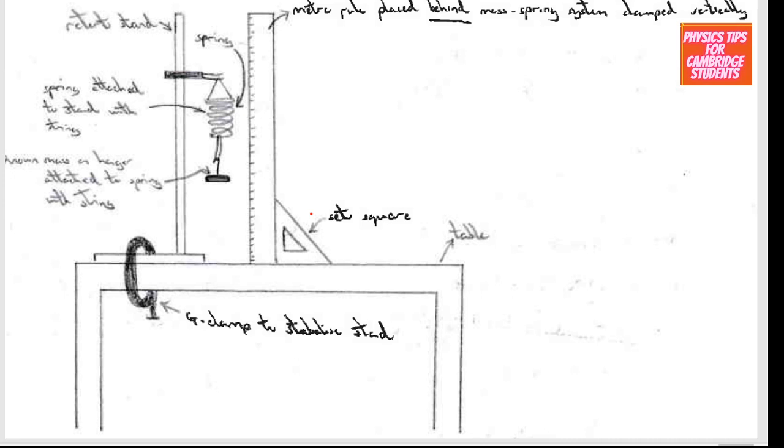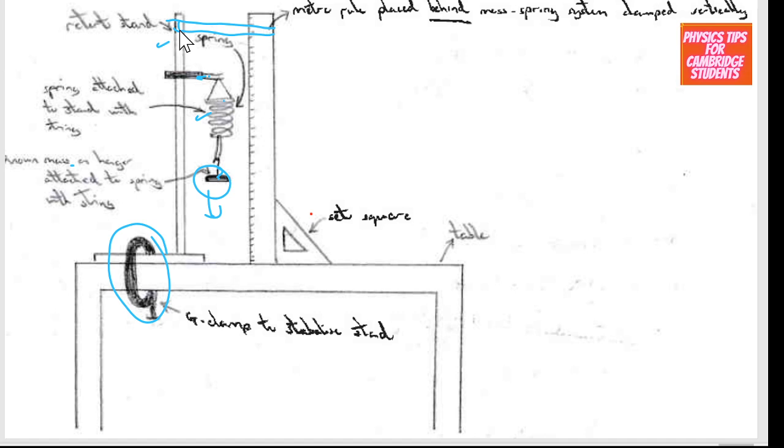You need a G clamp to hold your retort stand so that it's firm, which means the mass spring system is on a stand and clamp. So this will be your clamp. That's your spring, and then you have the mass, the load that is applied over there, which must be kept constant. You should also have a meter rule which is also clamped.